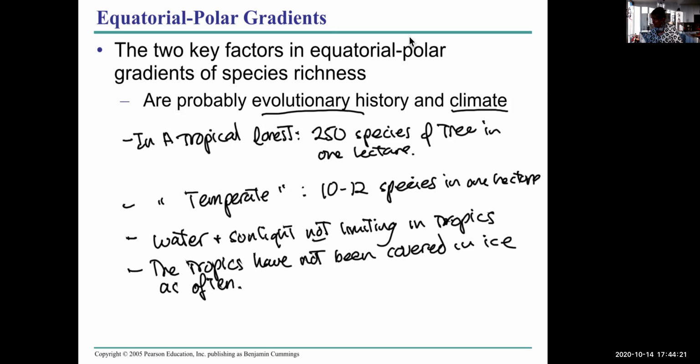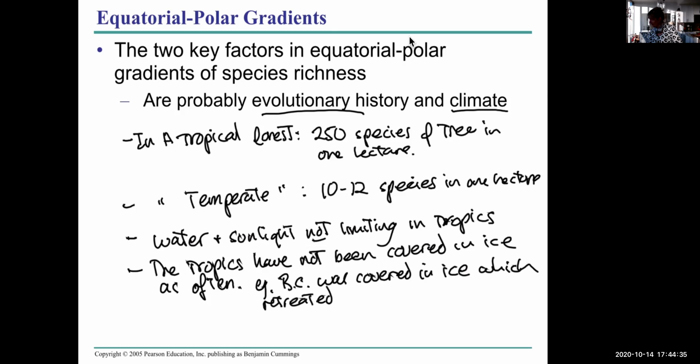So here in BC was covered in ice, which retreated between 15,000 to 12,000 years ago. So that's not a long time for species to diverge or for there to be speciation.